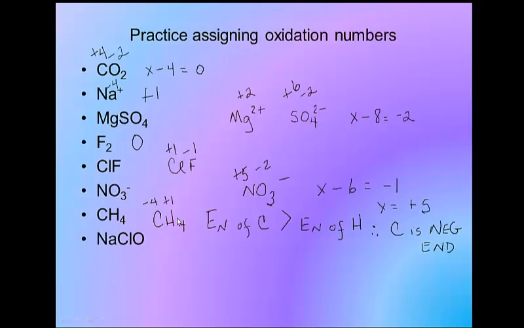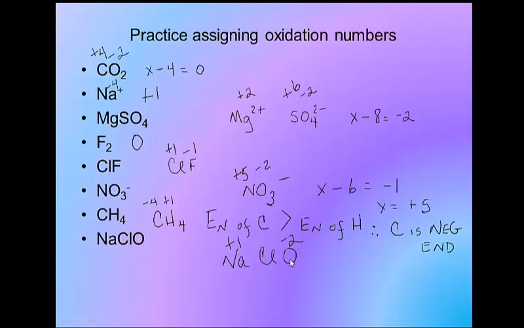Ooh, here's an unusual one. So what I'm going to do is basically figure this out using the rules. Sodium is in group 1A. It's always going to be a positive 1. Of the chlorine and the oxygen, oxygen is more electronegative, and it is not a peroxide, so it's going to be a -2.